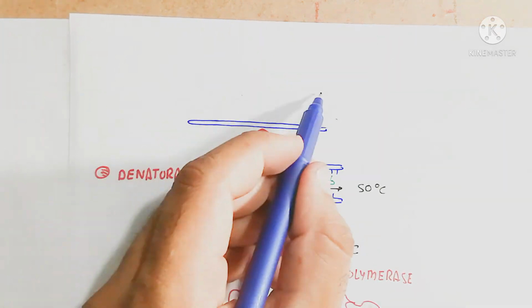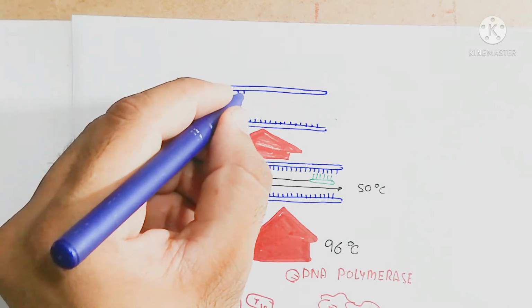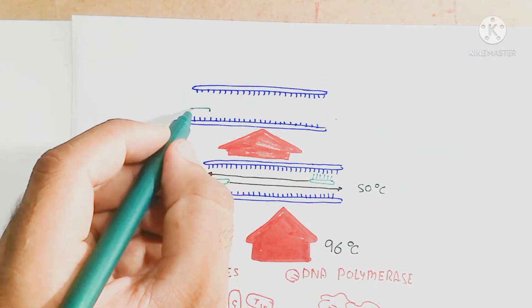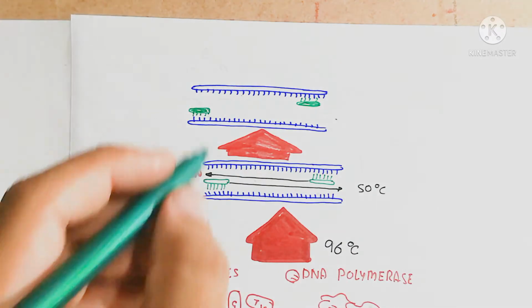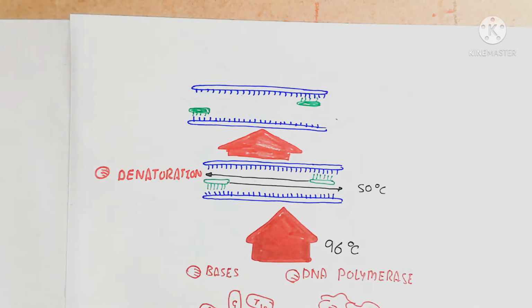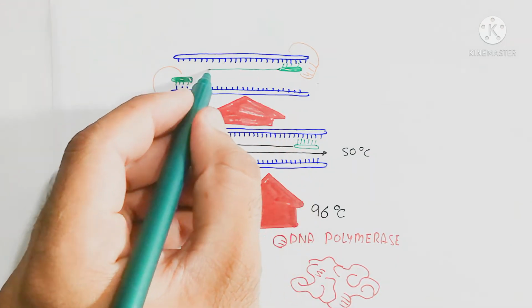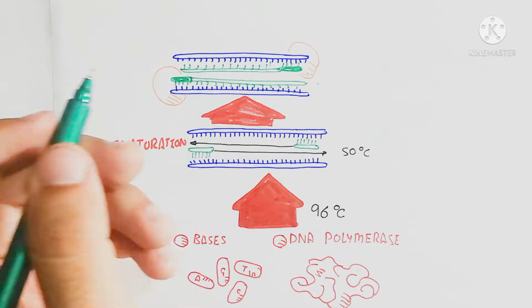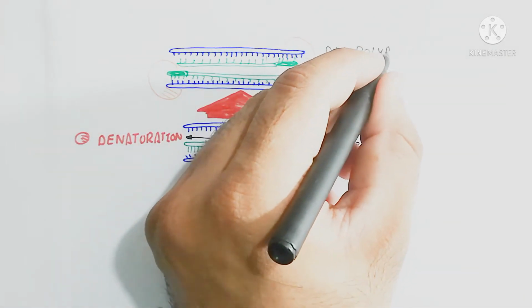After the attachment of the bases, the DNA polymerase enzyme will be attached last. In the presence of 60 degrees Celsius temperature, DNA polymerase will work after the primer attachment at 50 degrees Celsius. So at 60 degrees Celsius the DNA polymerase attaches the nucleotides, and these nucleotides attach to become a DNA.